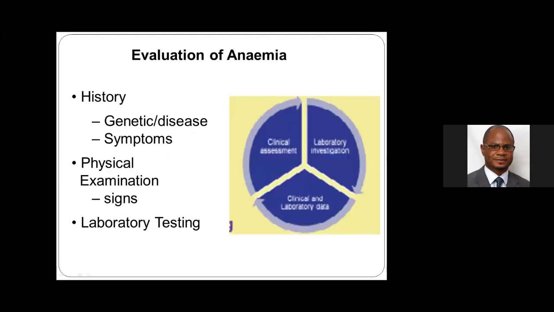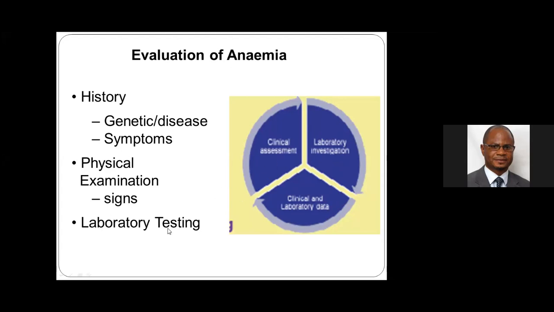Okay. So how do we evaluate anemia? First, you look at the history. So you check genetics or presence of a disease, and then symptoms. If you look at the arrow here, we have clinical assessment. That is where we do the history. Then we have clinical and laboratory data analysis, and we have laboratory investigation. Physical examination and signs also form part of the clinical assessment.